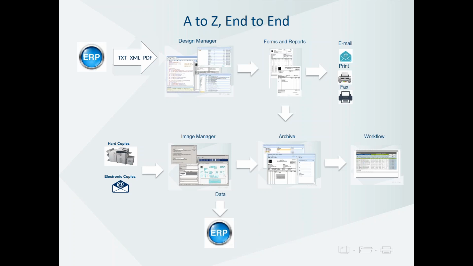We can also use the image manager to extract data from a document, and then that data can be formatted based on whatever the target application is. So one of the examples we're going to talk through today is the AP automation capability.